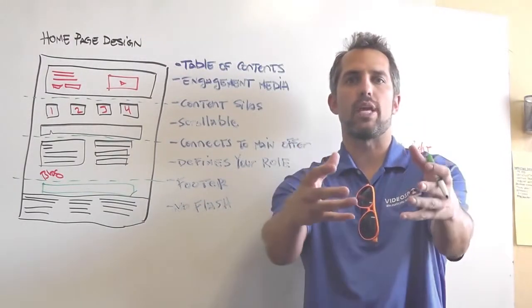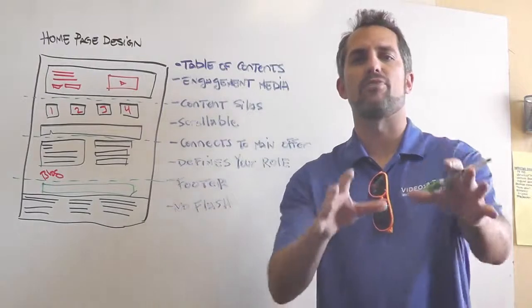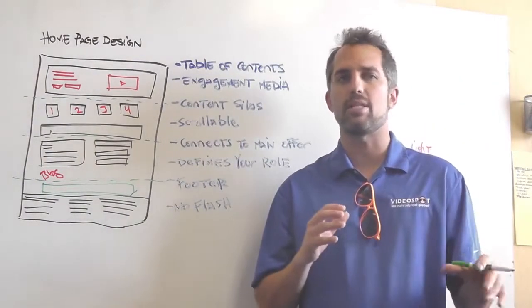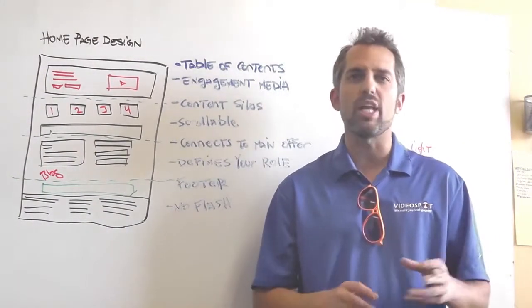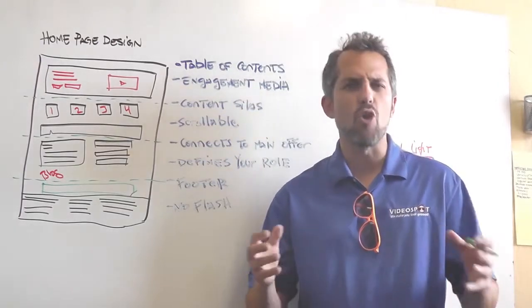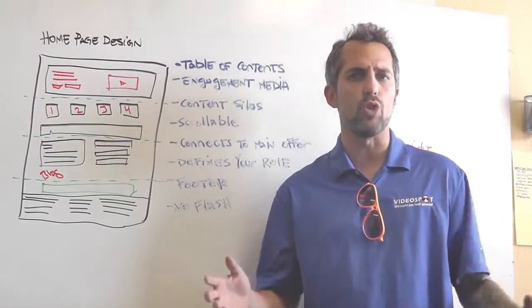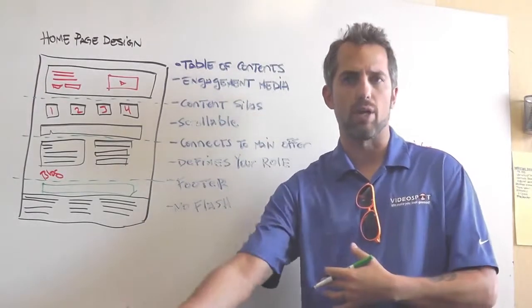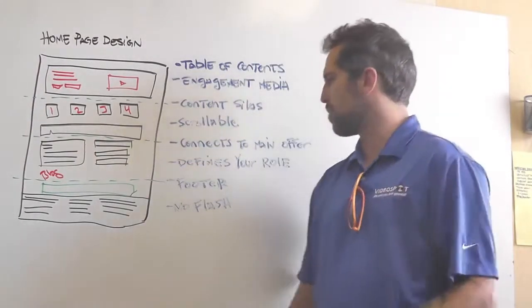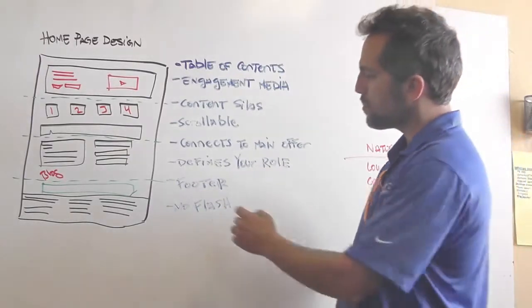You need to send your viewers to a website that clearly defines what you want to do for them. If you've got a message that's muddled or wordy or has no strong, compelling headlines, the viewer's not going to understand what you do, and they're not going to understand why they're there. So keep in mind that you want to be defining your role.